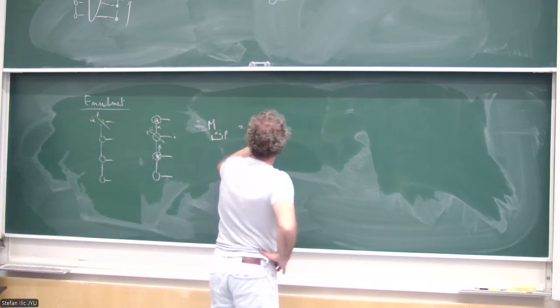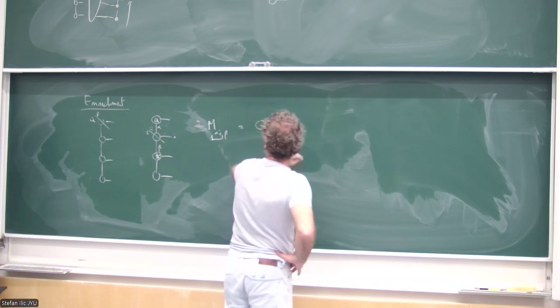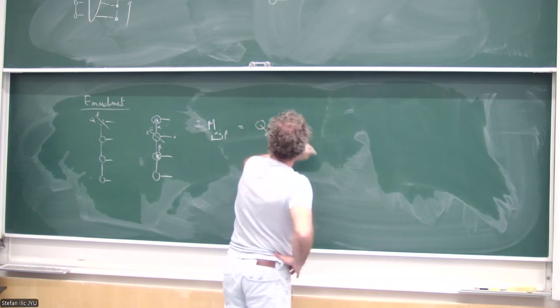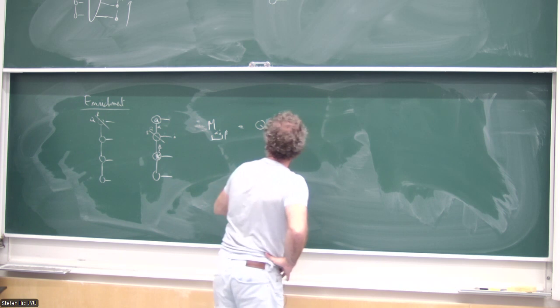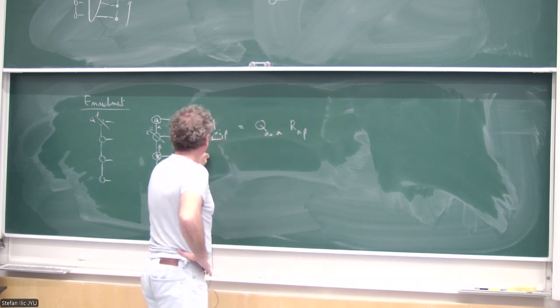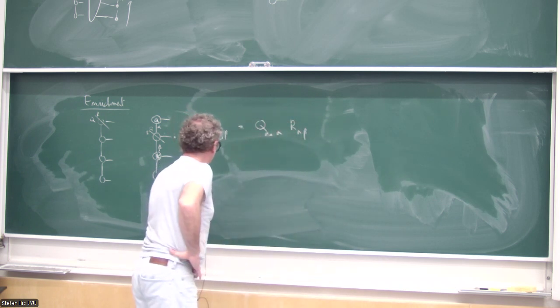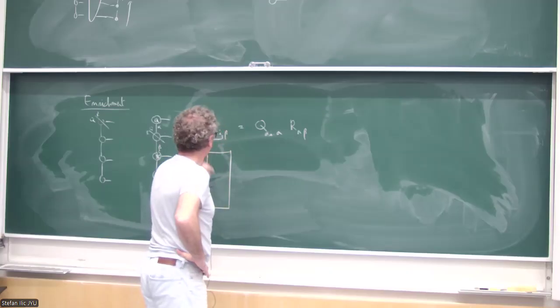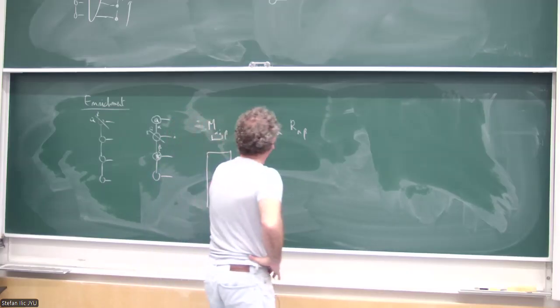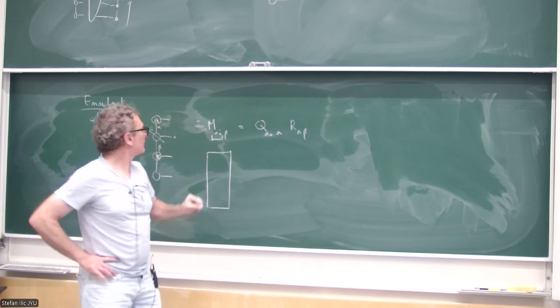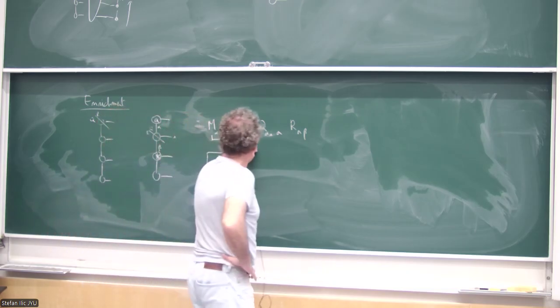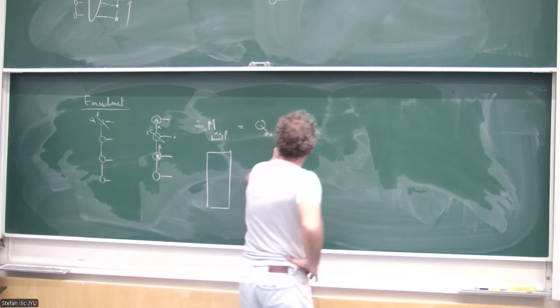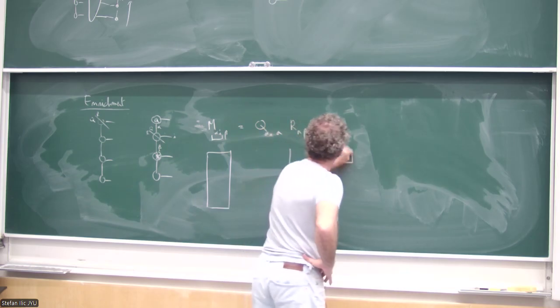Q alpha i, some index a, R a beta. And so this is typically a matrix which is like this. Typically, you would write it like that.